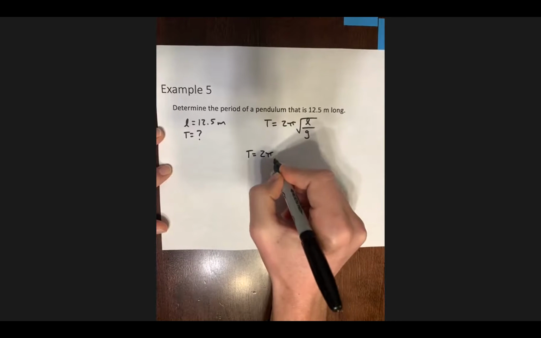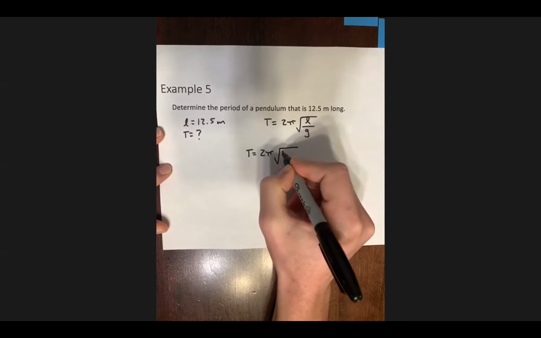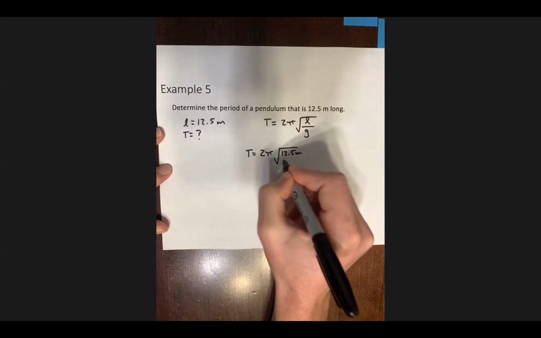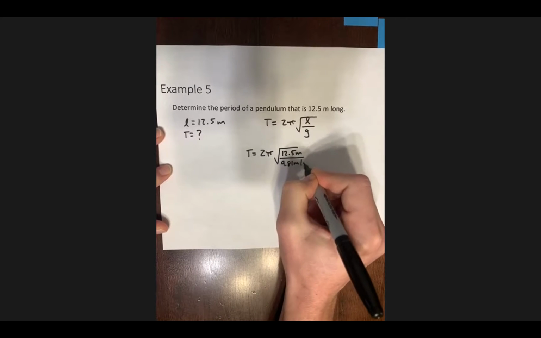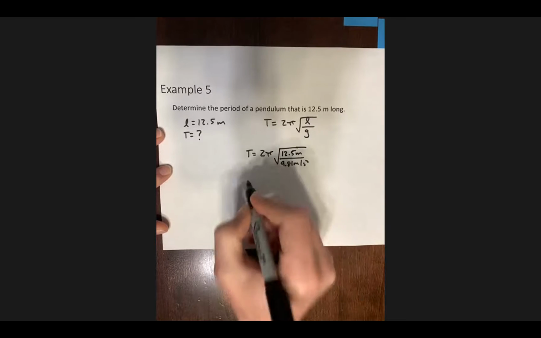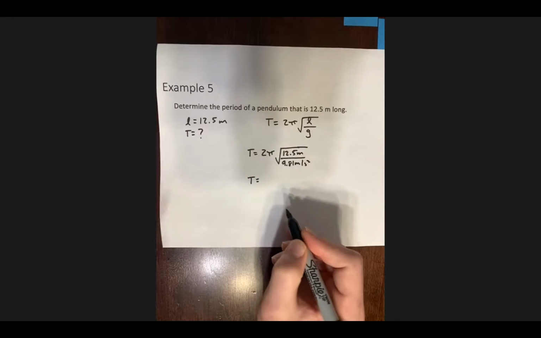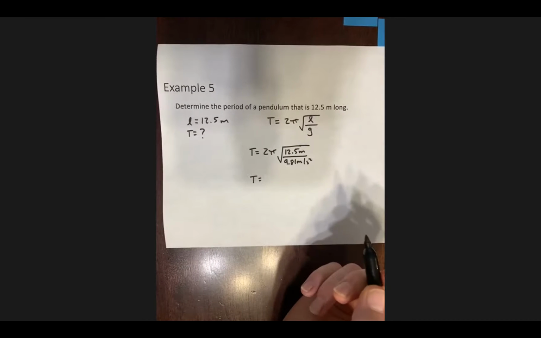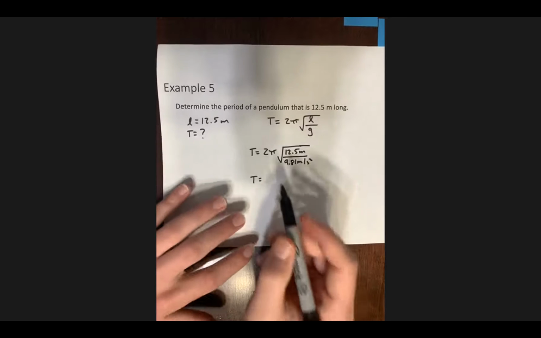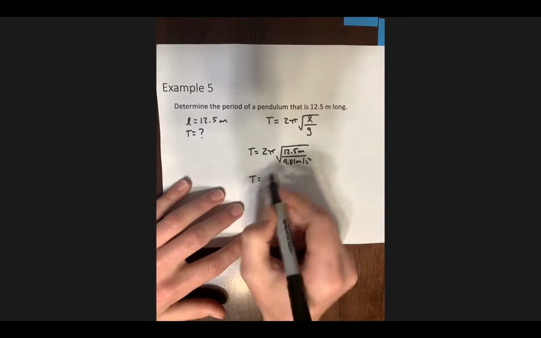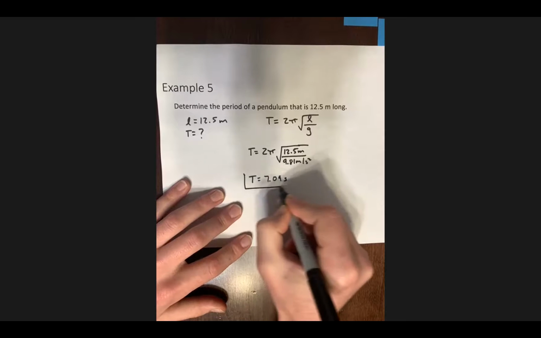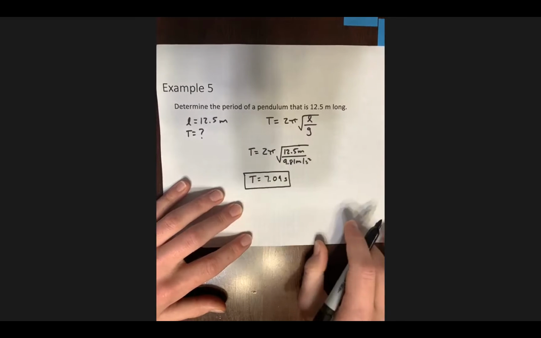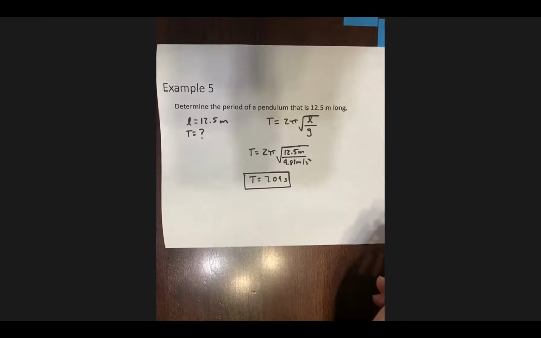So T is equal to 2 pi times the square root of the length of the pendulum, which is 12.5 meters, divided by 9.81 meters per second squared. Okay, if you punch these into your calculator and round to sig digs, you'll get a period of 7.09 seconds. Easy peasy.